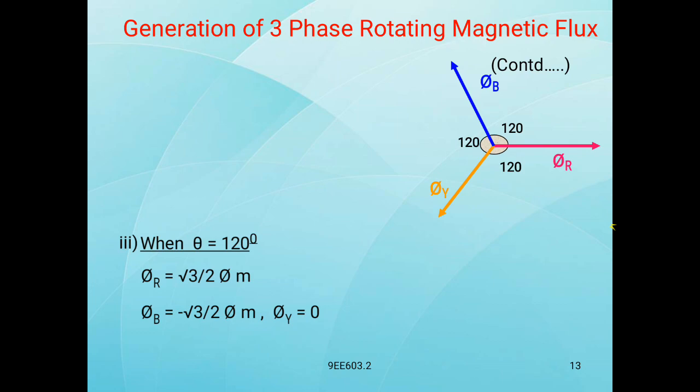Now go for the resultant flux. How can we calculate the resultant flux? Here in this case φr is equal to 1.5 φm.